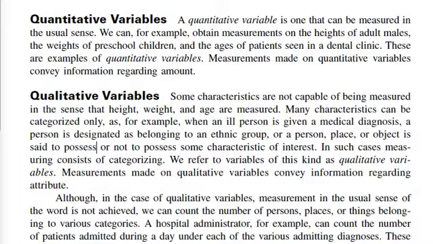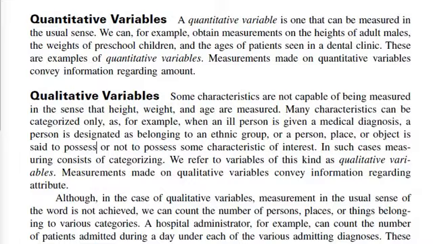Qualitative variables. Some characteristics are not capable of being measured in the sense that height, weight, and age are measured. Many characteristics can be categorized only, as, for example, when an ill person is given a medical diagnosis, a person is designated as belonging to an ethnic group, or a person, place, or object is said to possess or not to possess some characteristic of interest.